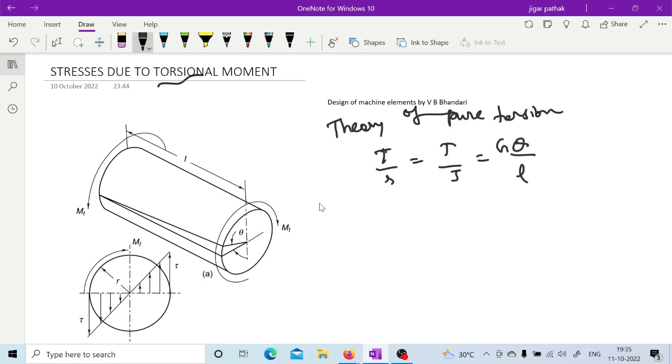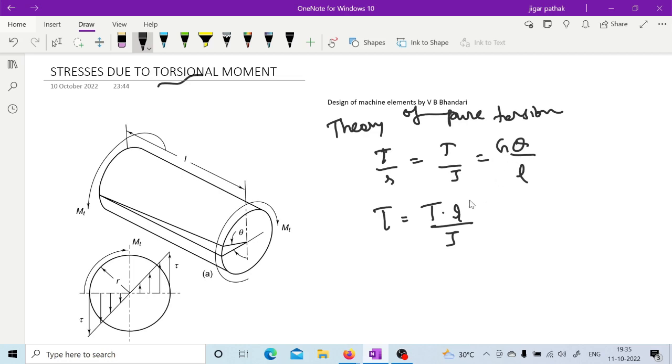So here this tau can be considered as torque into radius upon the polar moment of inertia. This is how you can have different types of stress generated. And theta can be calculated using the relation T upon J is equal to G theta by L. If you replace T with G J theta by L, then you can find the value of theta.